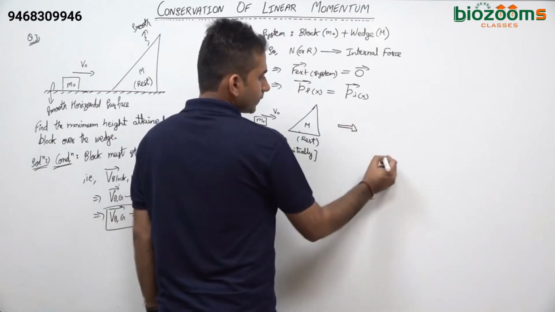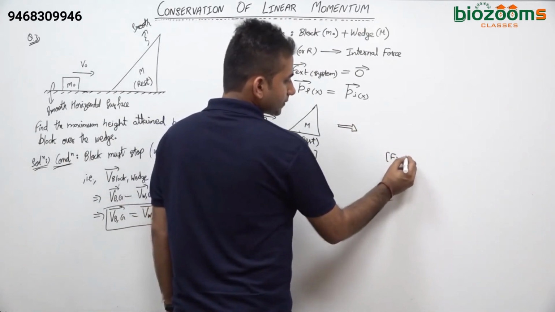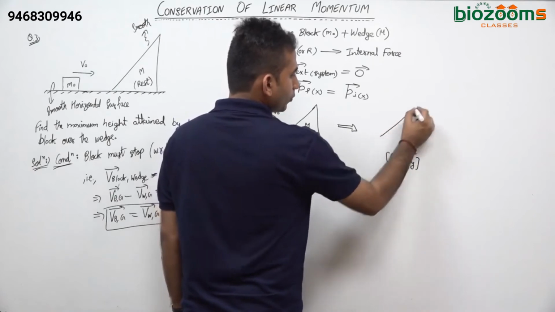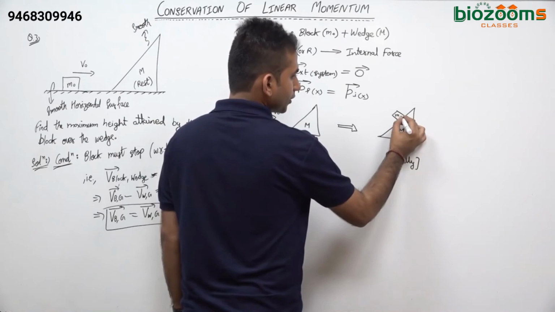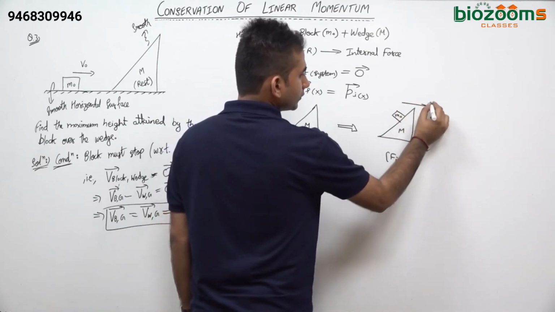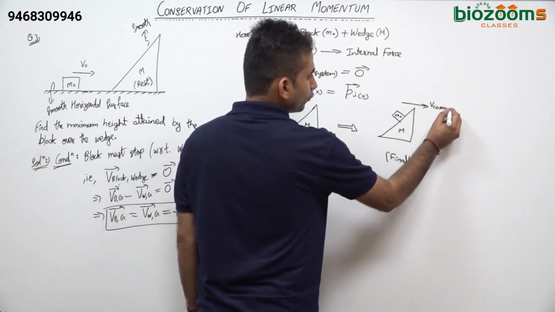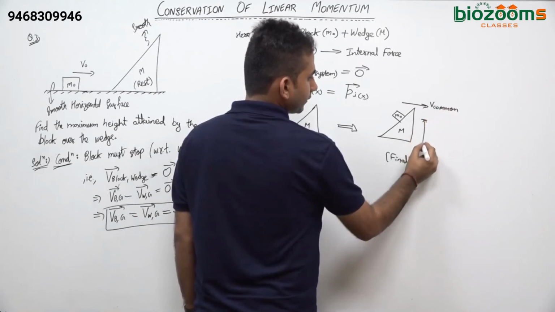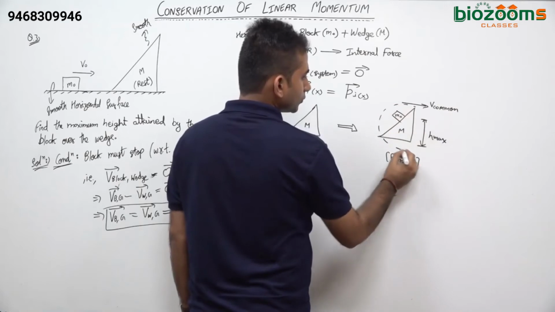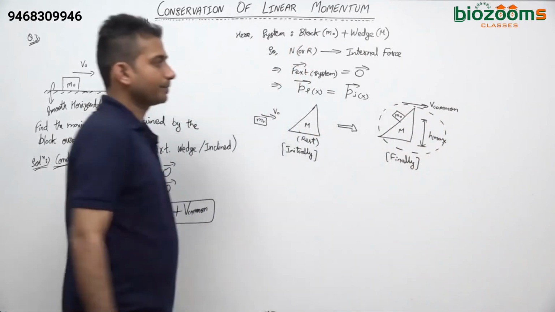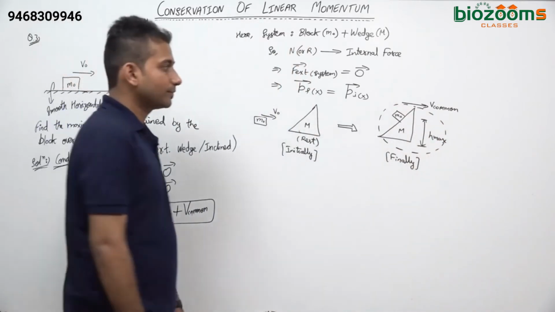Finally, both M and M0 are moving with velocity V common when the maximum height H max is attained by the block. So both will be moving together like this with velocity V common, right?